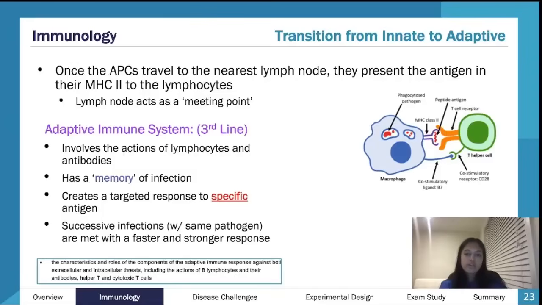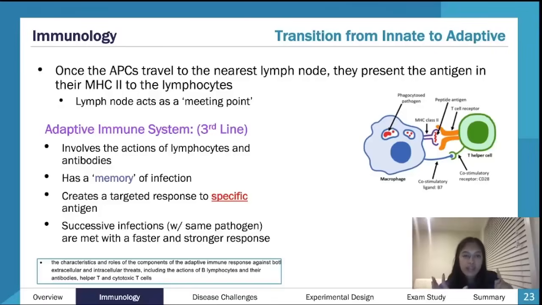What your adaptive cells in general will do is they are very specific. That's why we've got an antigen. Before, we had our little one size fits all. We don't care if it's a bacteria, if it's a virus, if it's whatever. Now we've phagocytosed this pathogen, and we are finding its specific antigen. Remember, an antigen is like a name tag.